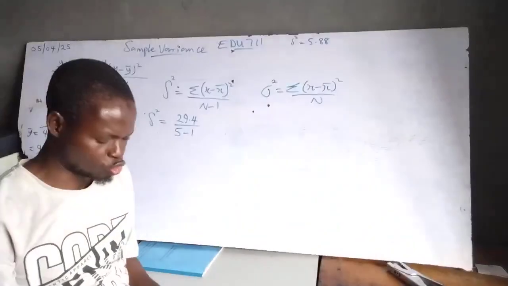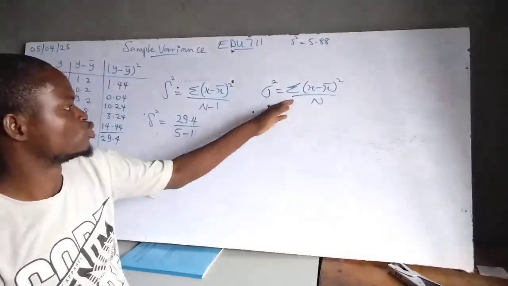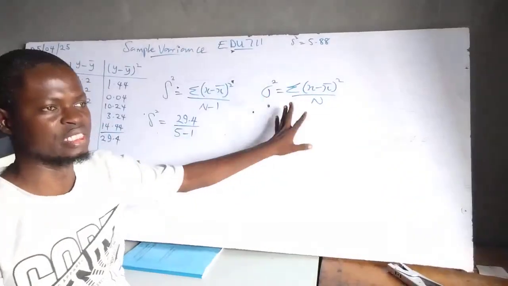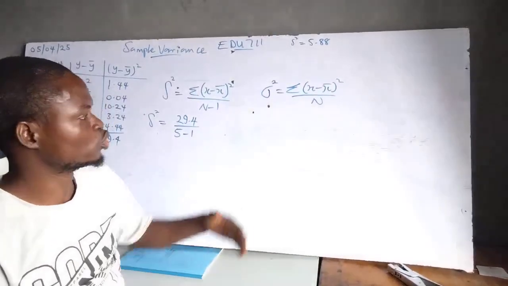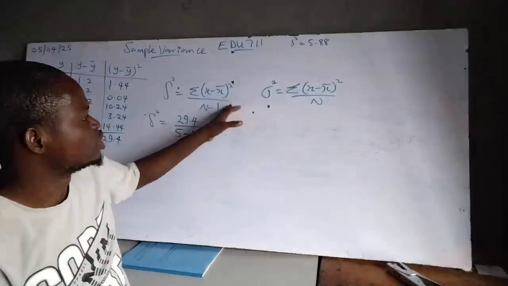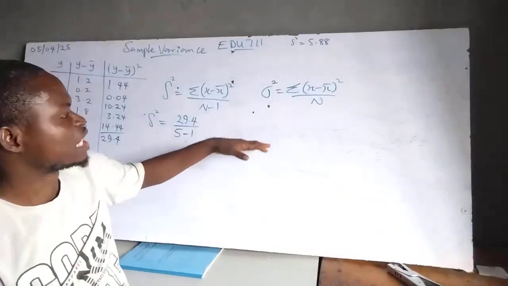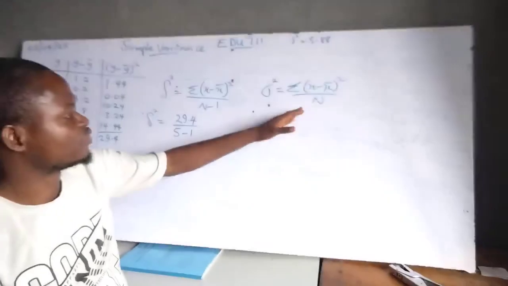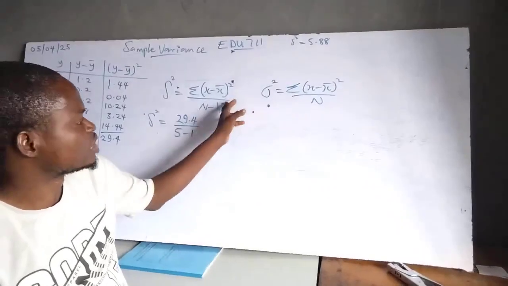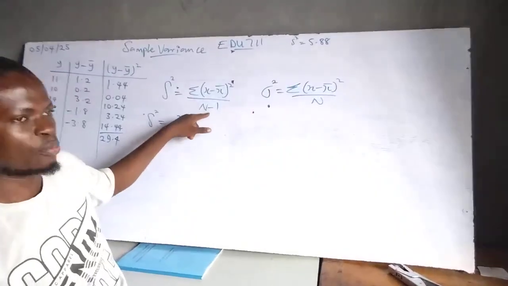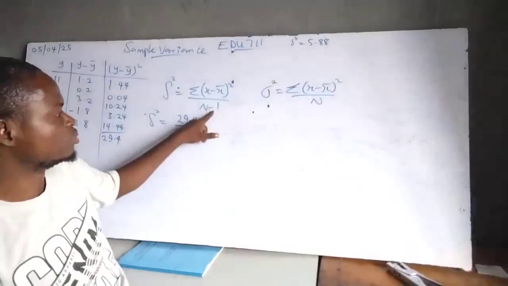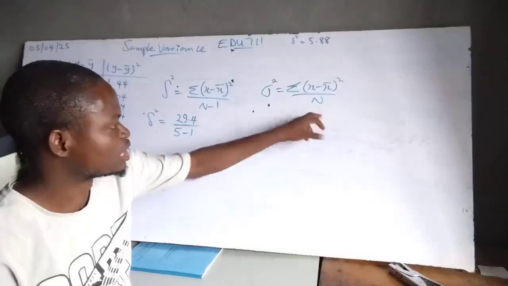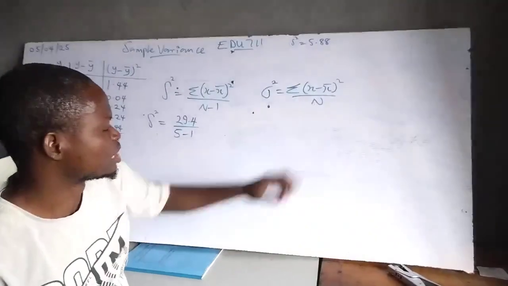So in episode 2, these two formulas were written and explained to show the difference between the two of them, emphasizing that the only difference is that sample variance has n minus 1 as the denominator, while population variance has n as the denominator.